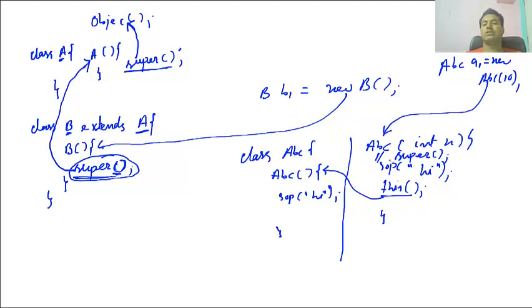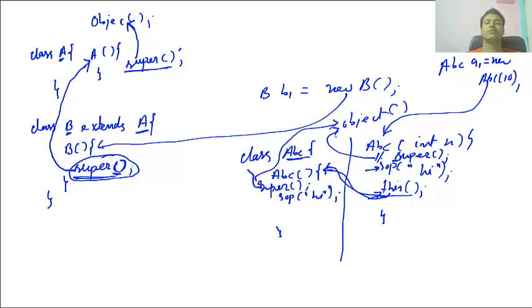By default first statement is super, so from here it goes to, what is the superclass for ABC? Superclass is object class, so it goes to object class default constructor. From there when control comes back, it comes into this and comes into this, right? And from here again you are going to here, and here also the first statement is super, right? From here again it goes to object class default constructor.